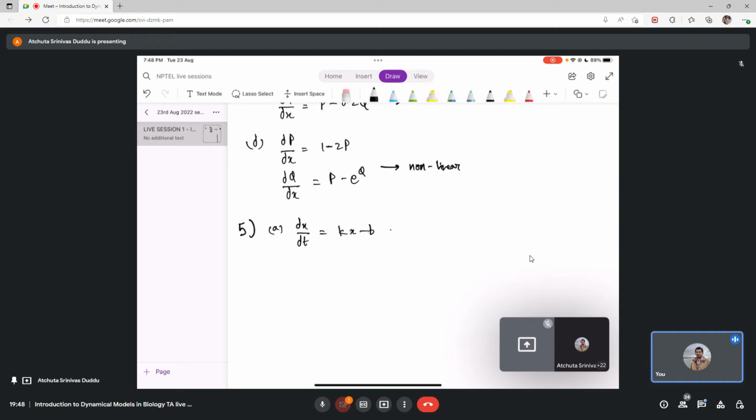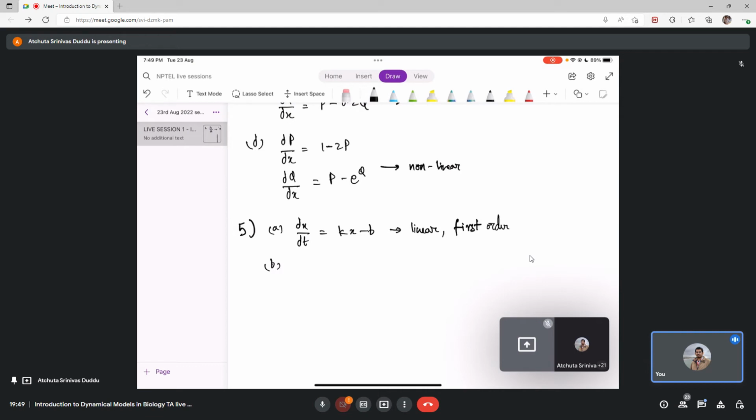Looking at the RHS, we see that it's only x power 1, so this is linear. And on the LHS, we see that it's dx by dt. That's only a first order differential. That is to say, this is a first order, not a higher order.